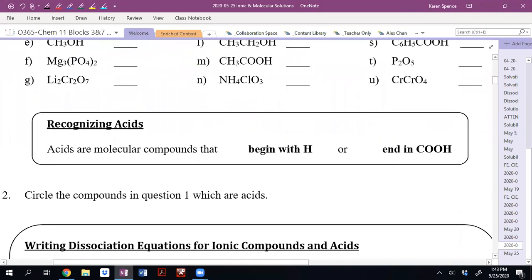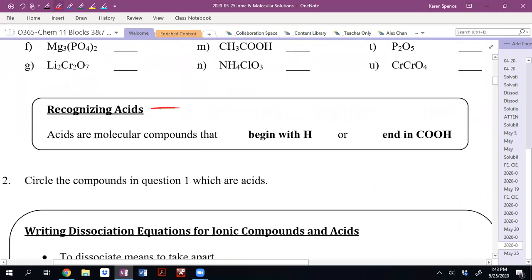Question number 2, you are going to recognize your acids. Acids are molecular. They're a special type. You remember we talked about that last week? They do dissociate into ions. So you need to be able to recognize them and distinguish them from other molecular compounds.